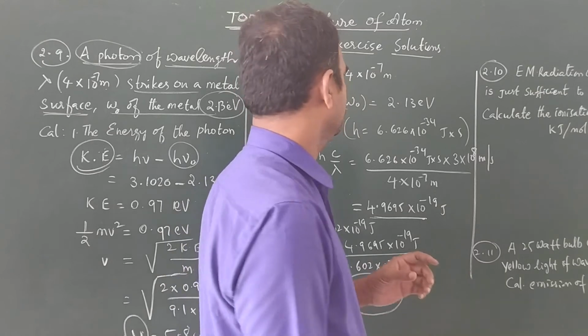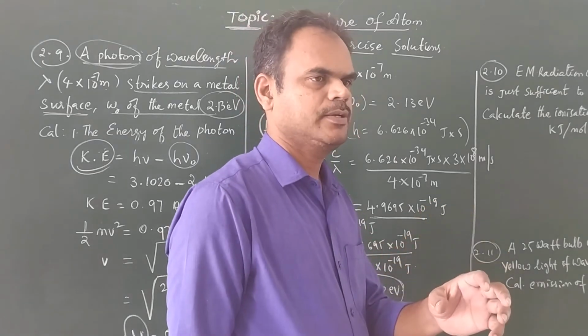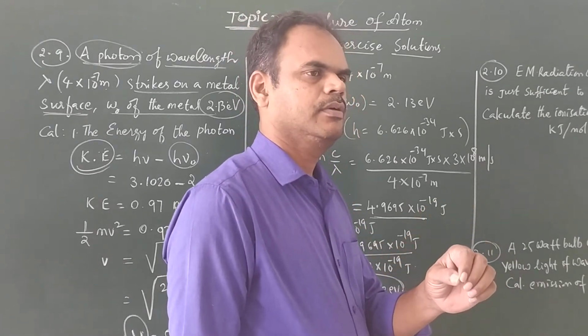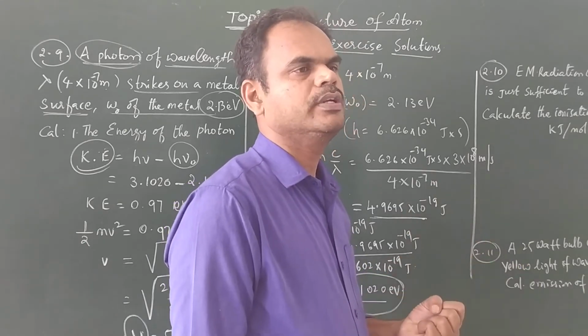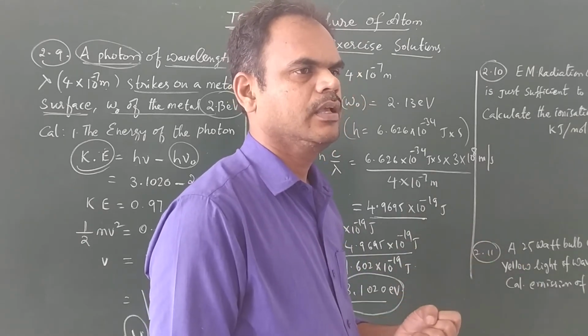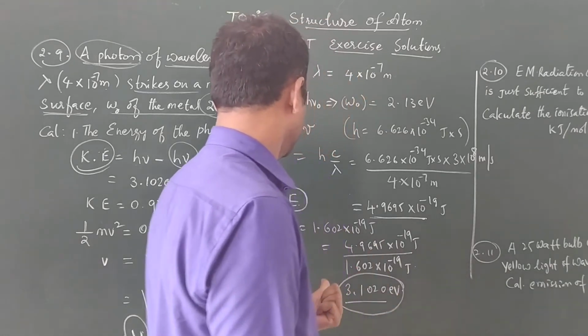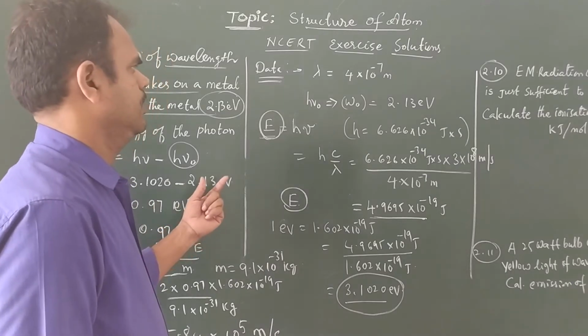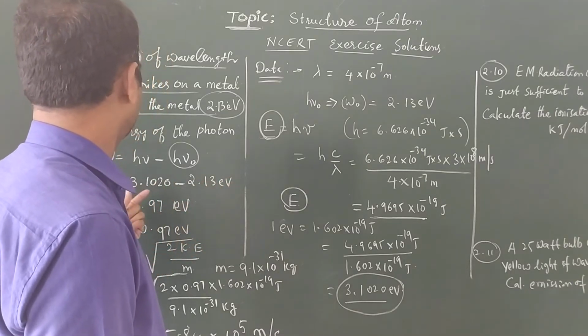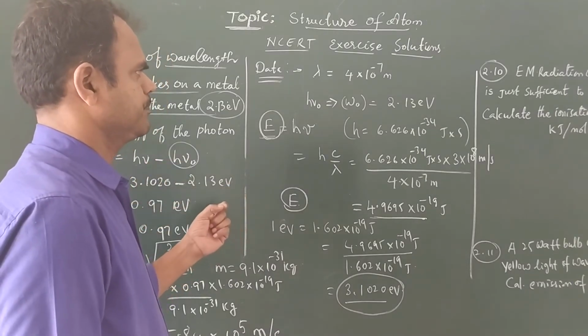The energy spent, the work done on the electron to remove it from the bonded nucleus of the metal, is called work function, we say. So this is the question, and it works on the principle called the photoelectric effect.